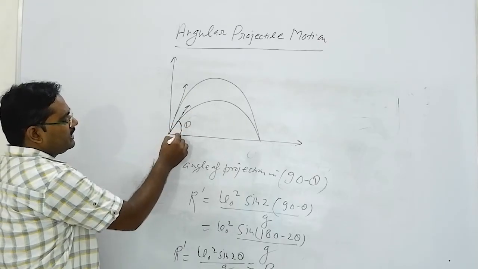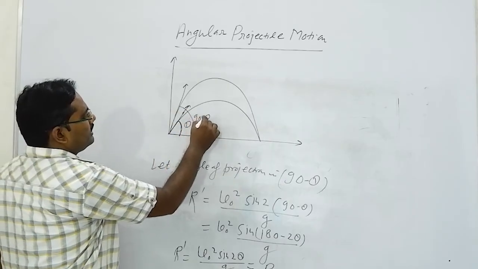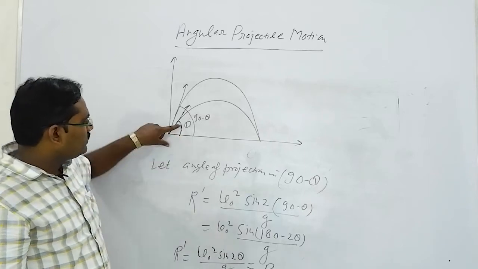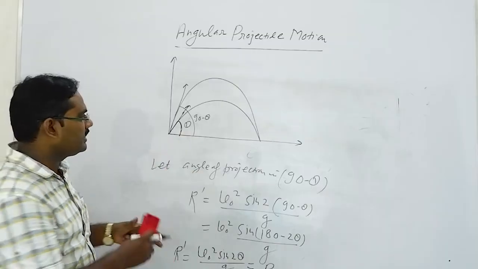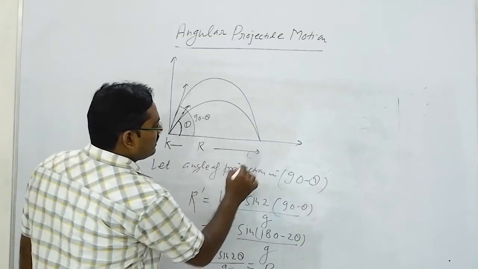If this one is theta, then this one is 90 minus theta. There are two angles of projection. The first one is theta, the second one is 90 minus theta, and for both angles of projection the range is the same.